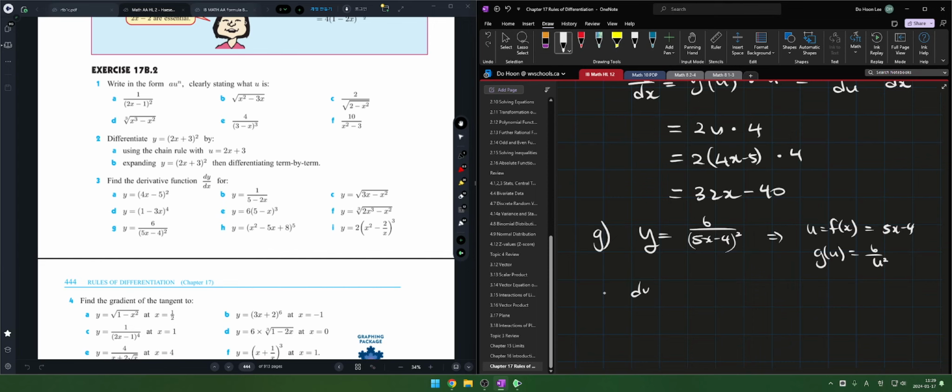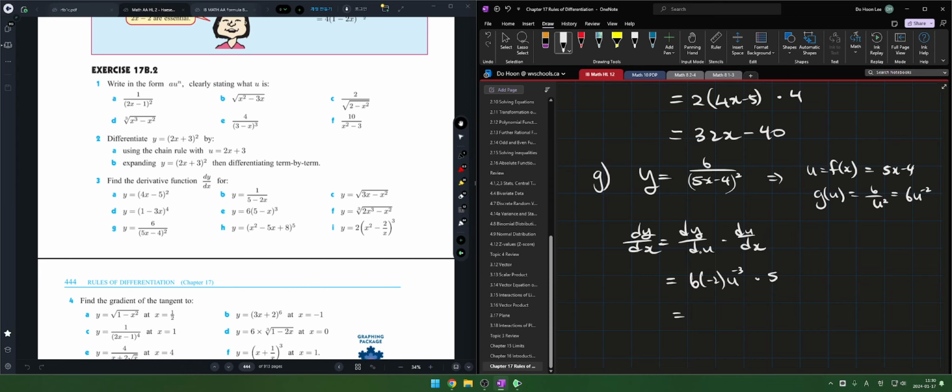Well then, dy over dx. dy over du is 6 times 6 over u squared, which is 6u to the power of negative 2, so negative 12 times u to the power of negative 3, and du over dx will be 5.